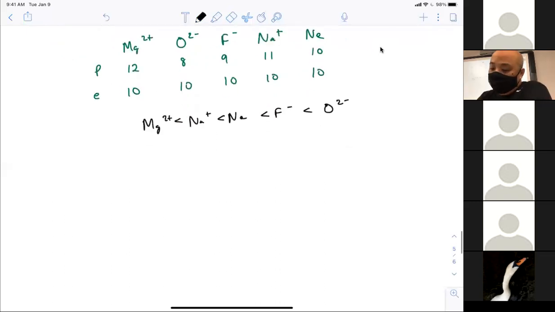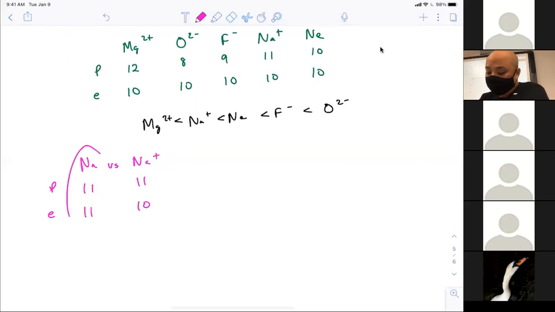Like what Nathan was asking, let's say you look at Na versus Na plus. They both have the same number of protons, but one has 10 electrons and one has 11 electrons. Which of these two species is going to be bigger, Na or Na plus? Na.